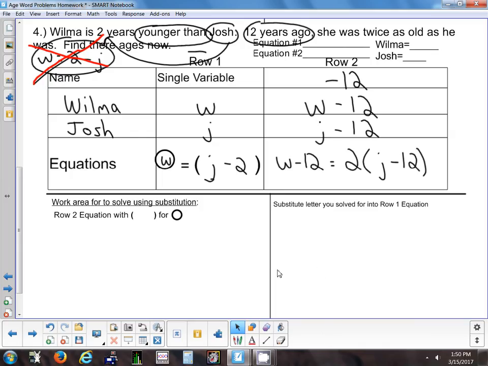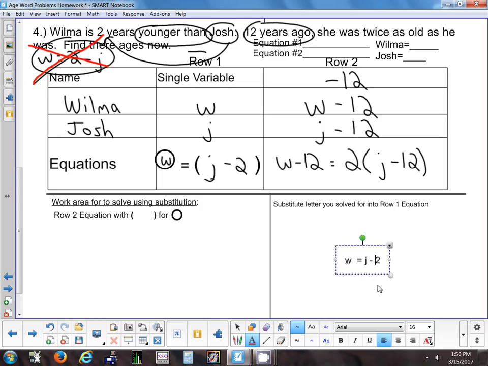Once I put my minus 12 here, I don't care about that 12 years ago anymore. In that second sentence, what am I dealing with? Past, present, or future? Past, right? Because it's 12 years ago.